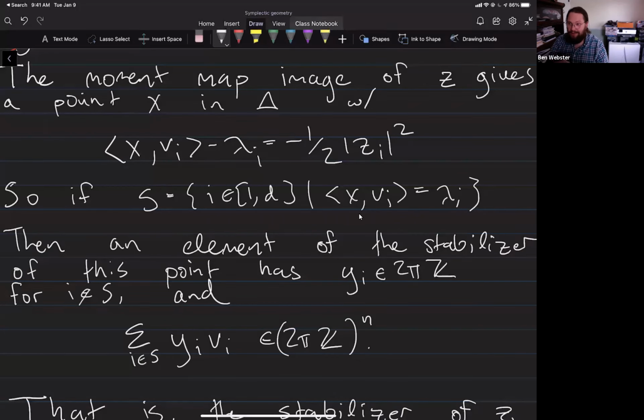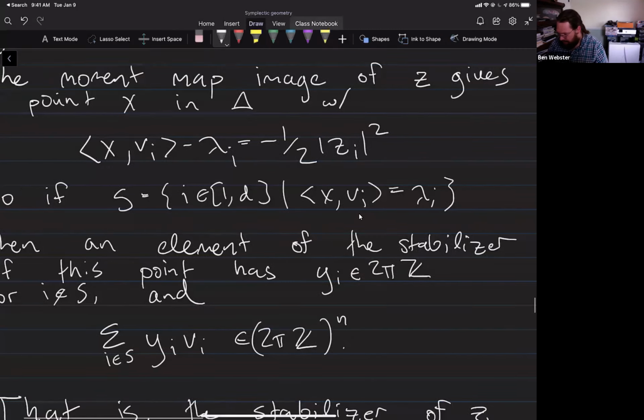And this condition is the condition I need to be in G.